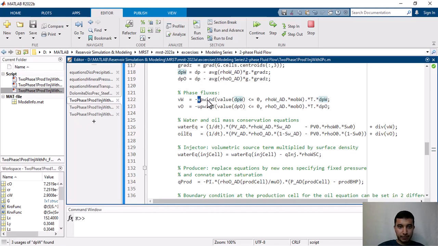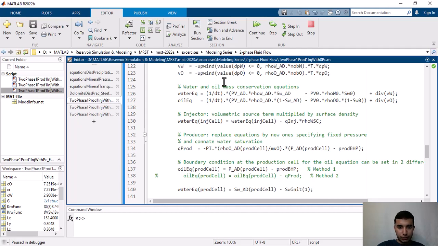And I have used the upwind scheme in order to get the multiplication of these variables. When we have advection, we need to use the upwind scheme in order to get these properties.